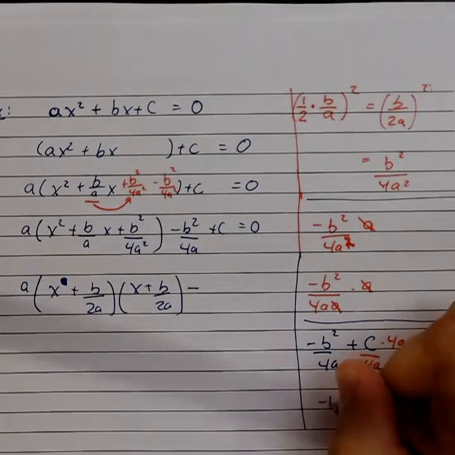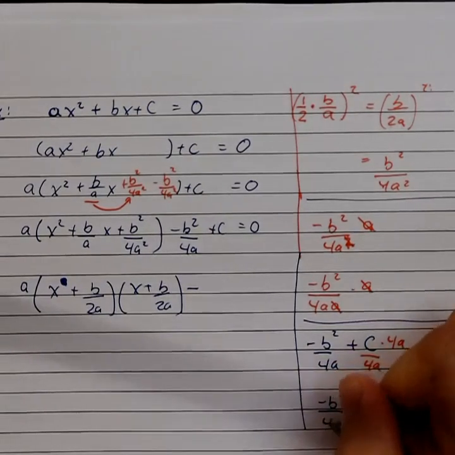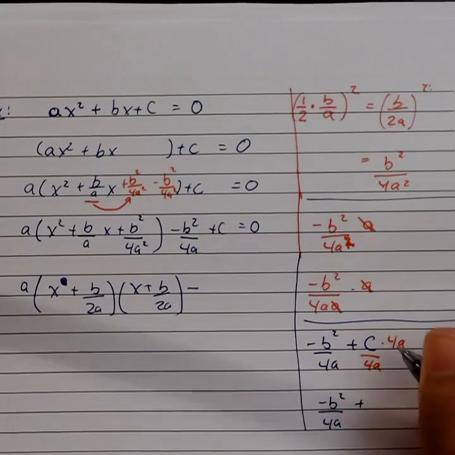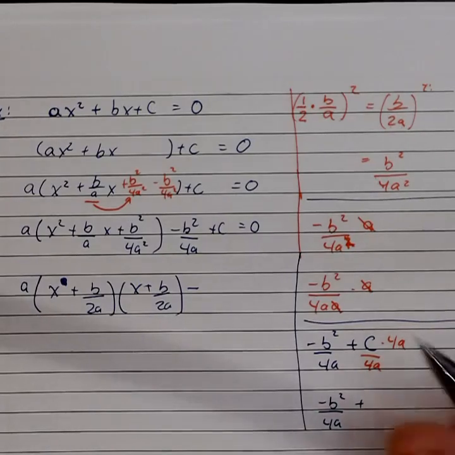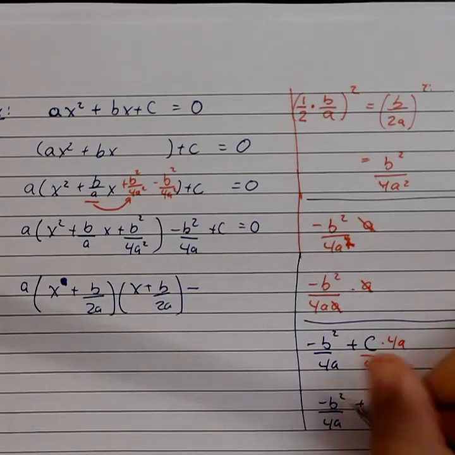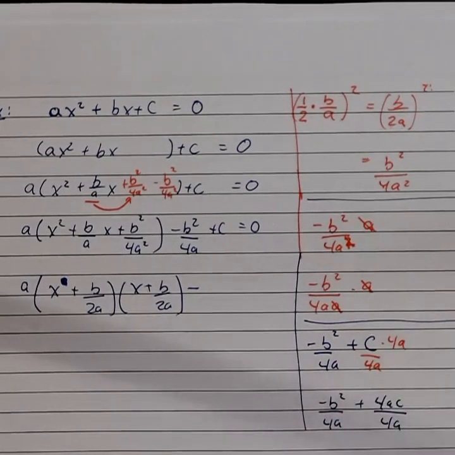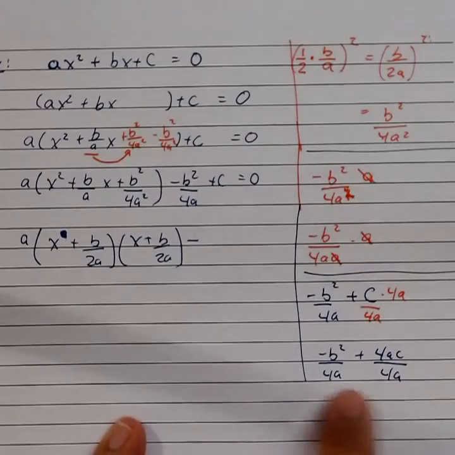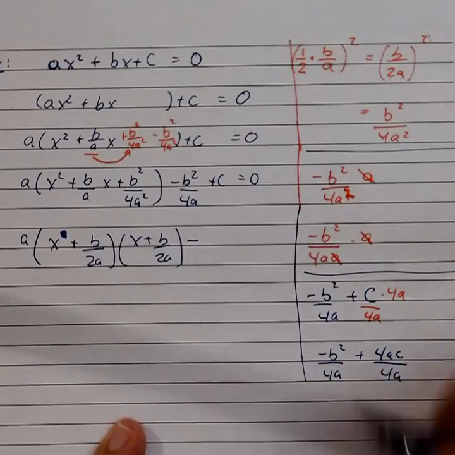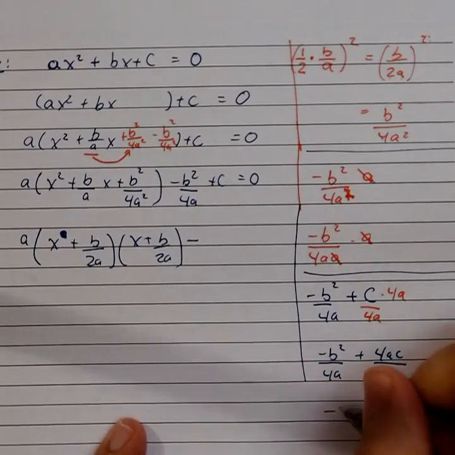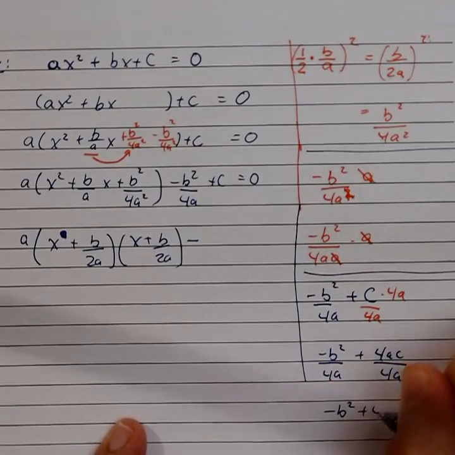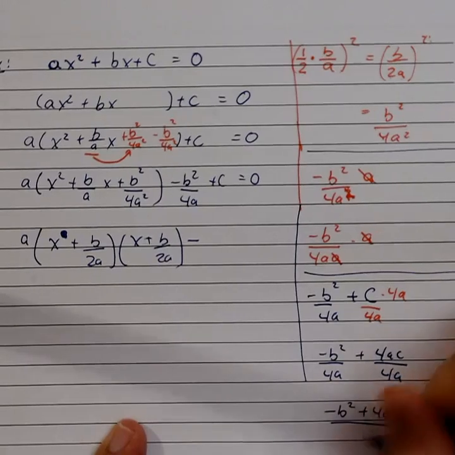Okay, so that'll be negative b squared over 4a plus, I'm going to put these in alphabetical order just because I feel like it, I'm going to put the a in front of the c. So I'm going to write this as 4ac over 4a. And now I can add those because whenever I add fractions, when the denominators are the same, all I do is combine the numerators. So I can write this as negative b squared plus 4ac over 4a.